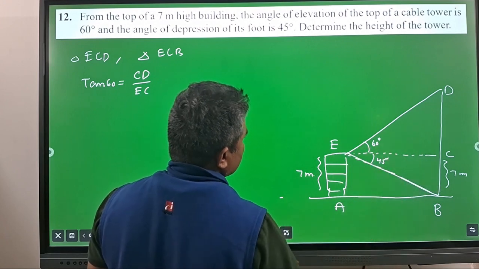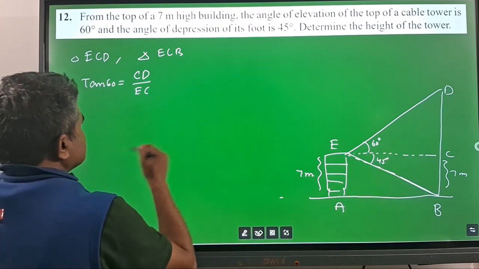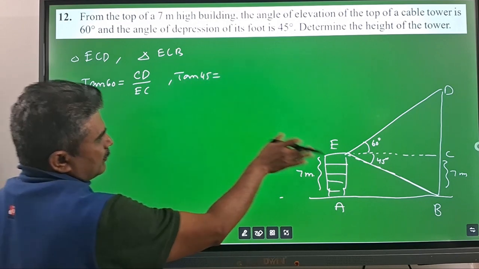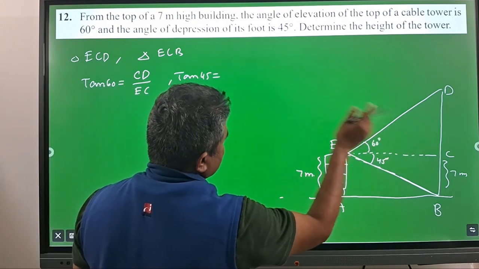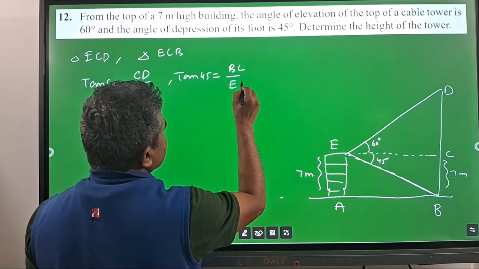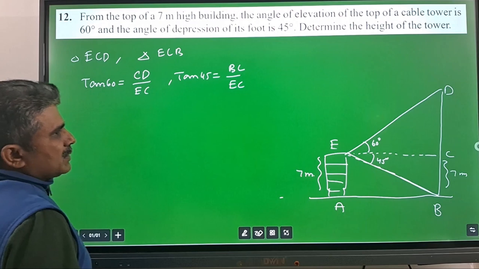So I can take tan 45 is equal to, for tan 45, opposite side is BC divided by base EC. Okay, so that's the given information.